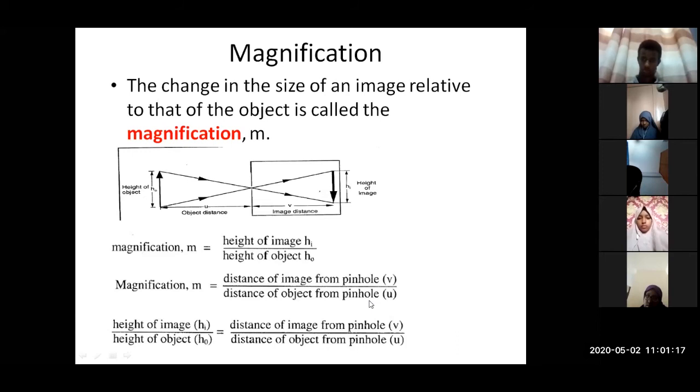Then we do one or two worked examples. We are just relating the size of the image to the size of the object. So image over object. Don't confuse and take object over image. It's image over object, image over object.